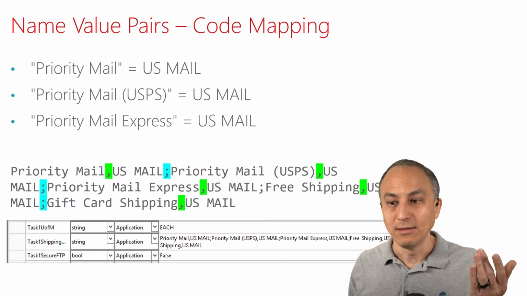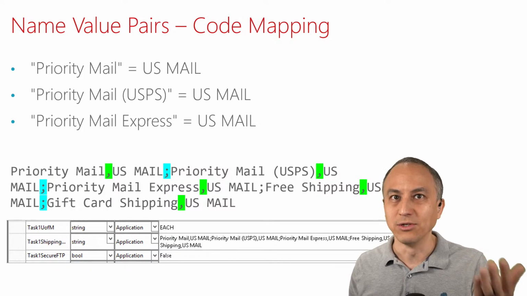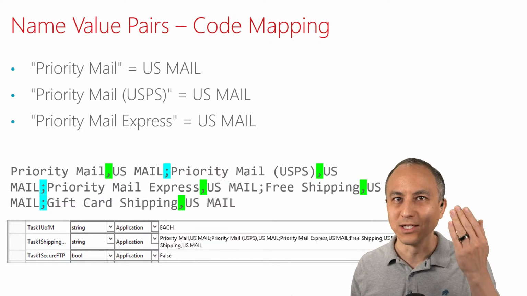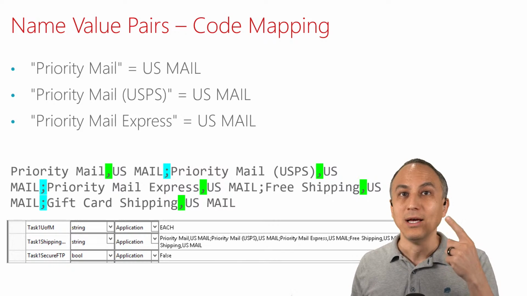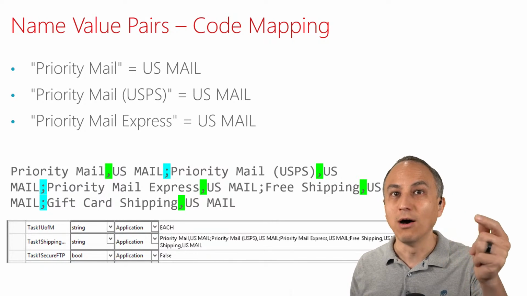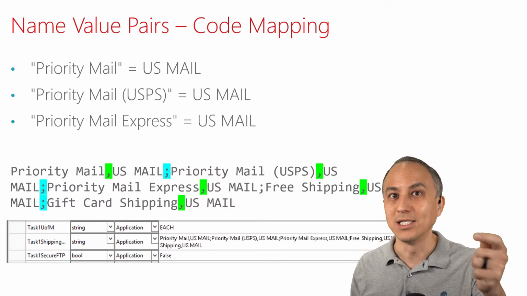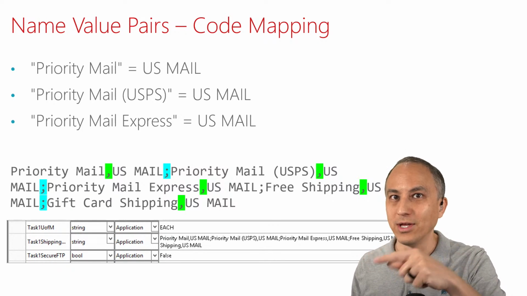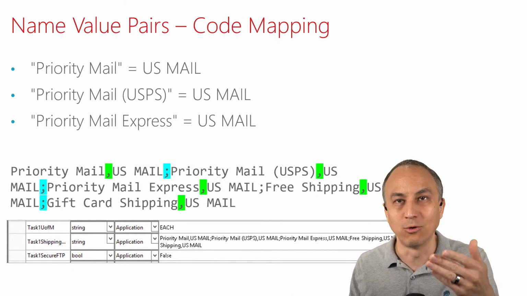As with anything, of course, they'll say, oh, it's always US mail. But just as they said it's always US mail and it wasn't, I suspect there will be a time when some shipping method needs to be converted to something other than US mail, like express or whatever it is.